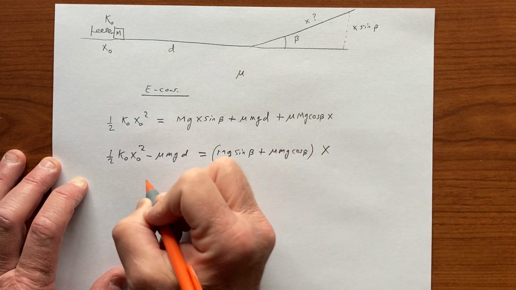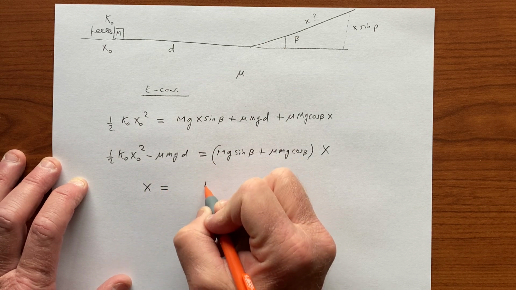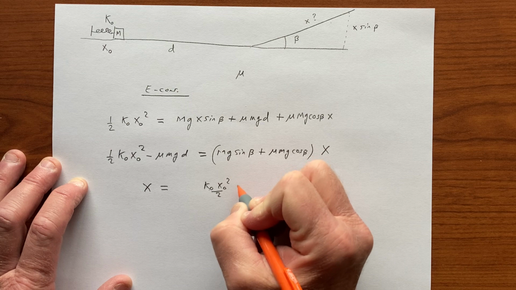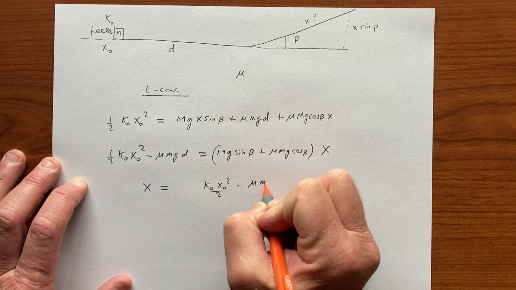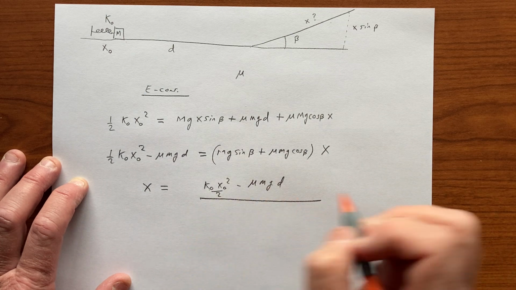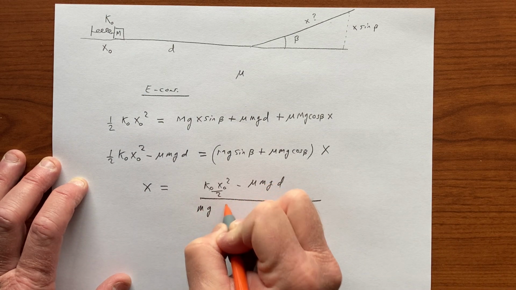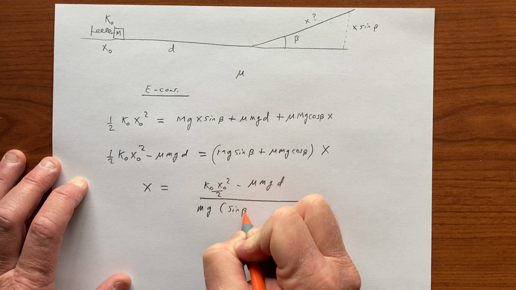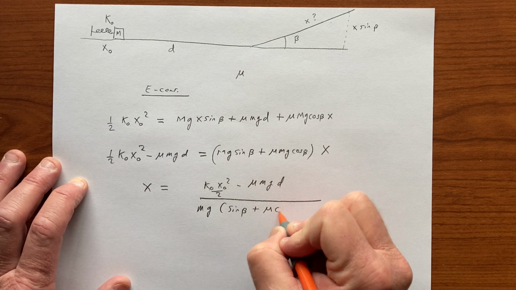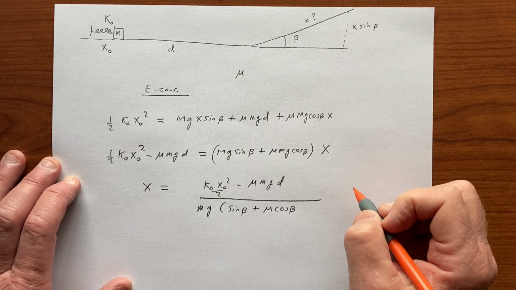Pull out the x and solve for x. So x is equal to k naught x naught squared over 2 minus mu mgd over mg sine beta plus mu cosine beta.